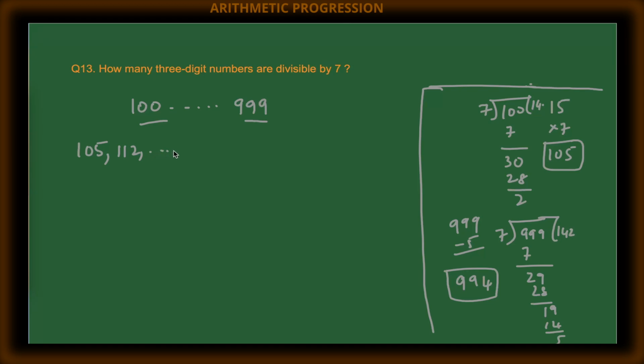Like this we can go ahead. And 999 is not divisible by 7, so the greatest divisible will be 994.